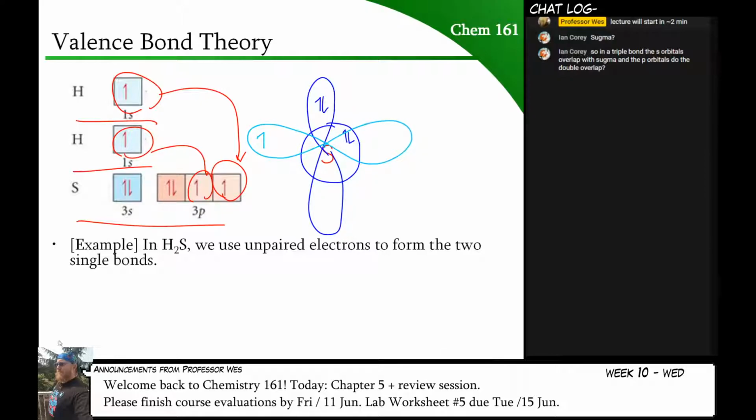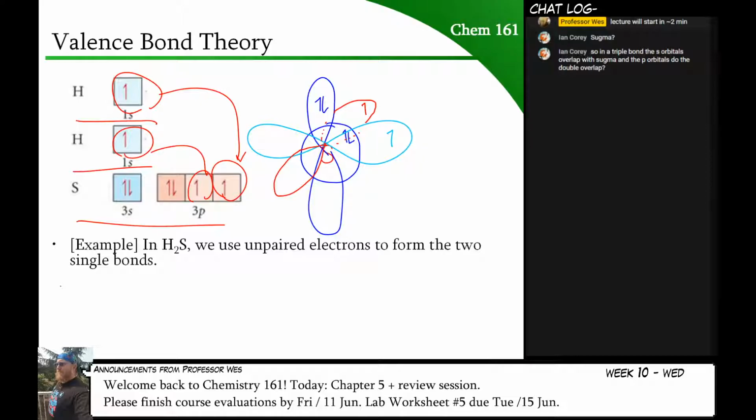Actually, let me put that on the other side here. And then a p orbital in the z direction, which would be kind of like this, in front of the other things. And it has a single electron too. So that would be what sulfur looks like.